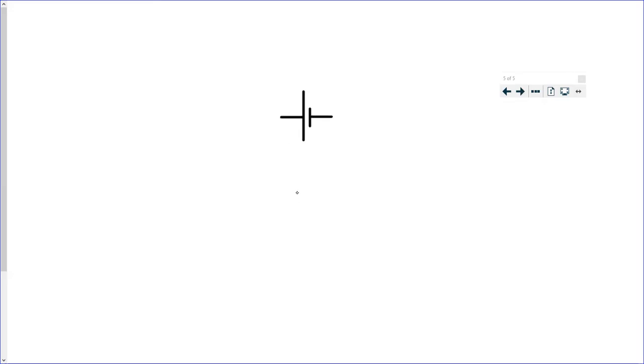The other is the lamp, which can be shown with this symbol. So this is the lamp and battery. To make the circuit work, we need the connecting wires. Got it? Is it clear?